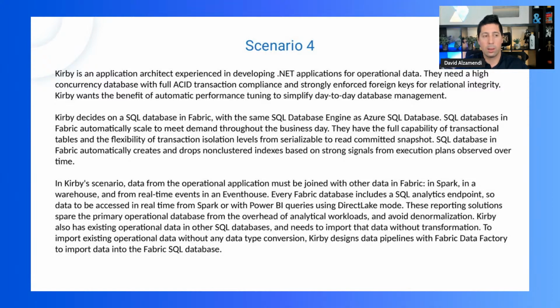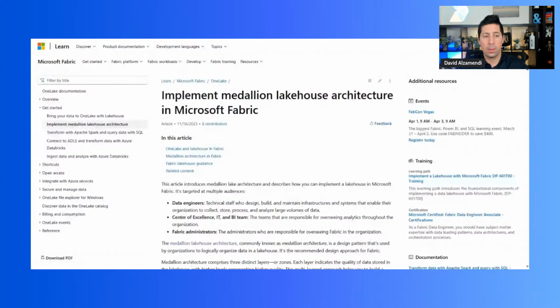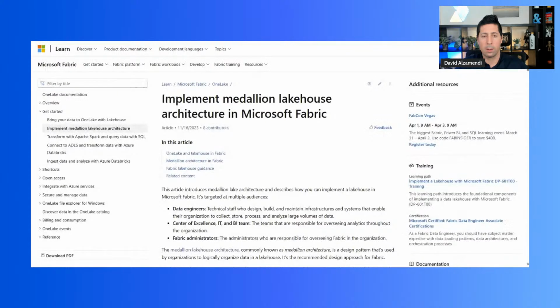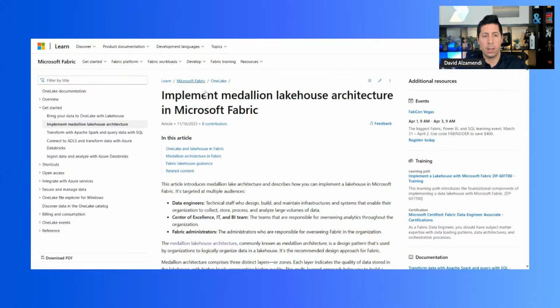But we're going to look at one more thing. We looked at the four data stores, and now you might be wondering, is it always an either-or decision? Can I combine the two of them? The reality is that yes, you can combine some of the data stores within Microsoft Fabric, and you can see it in this case.